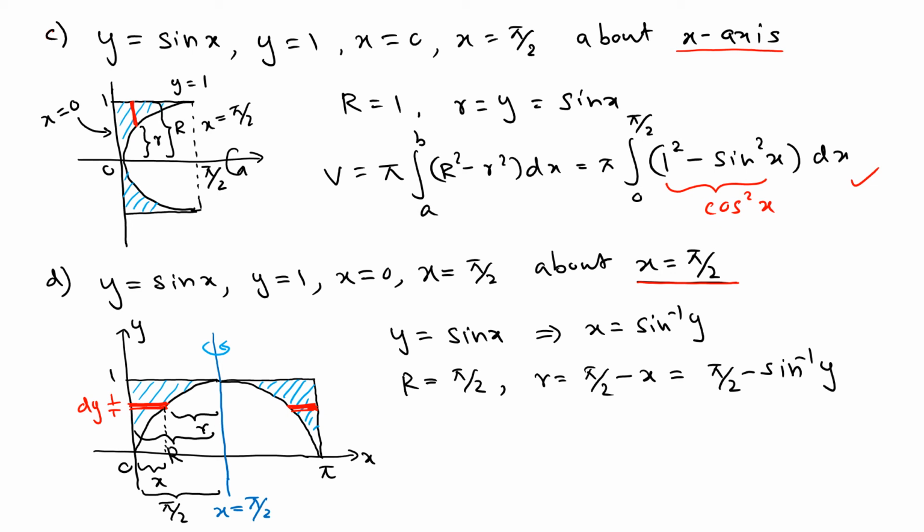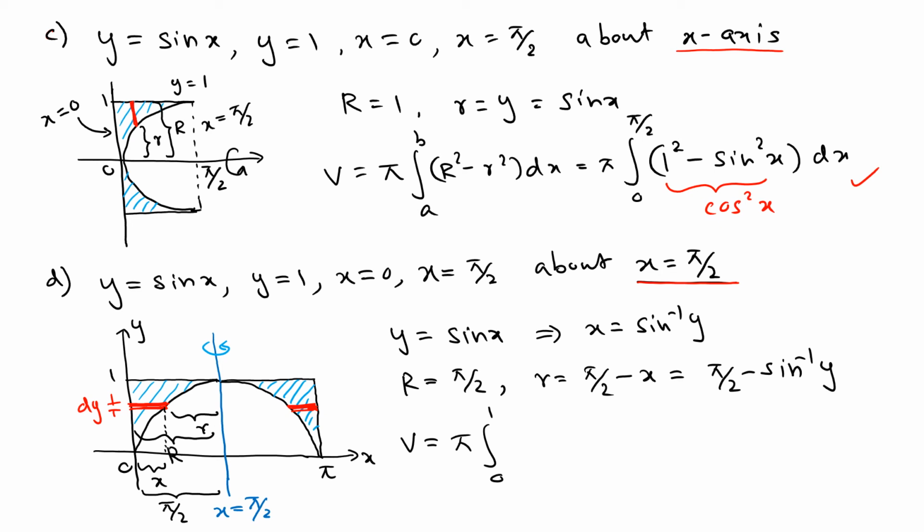Okay, so we have two radii. Now we can write the formula. V is pi times the integral. These are the y limits, so they go from 0 to 1 with the dy problem.